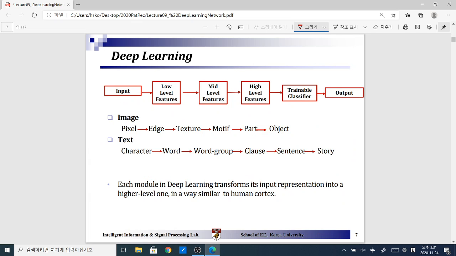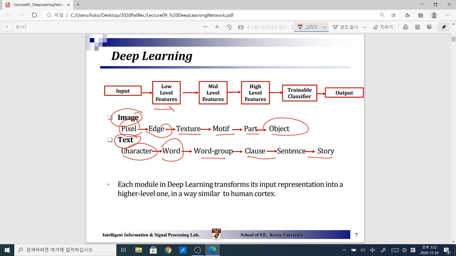So I just talked about the process of deep learning using an image as an example: from the pixel level to the edges, to the texture, to the motif and part, and the object shape, and so forth. You could also do the same for a text type of input, where at the low level the feature would be that of a character, the mid-level feature would be that of a word group for the one higher, and so forth.